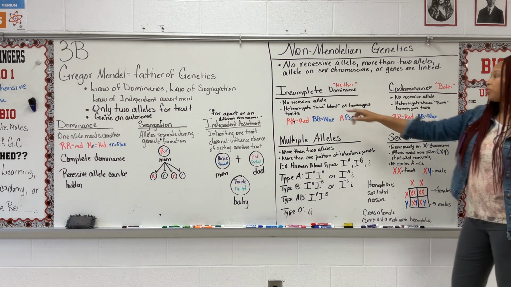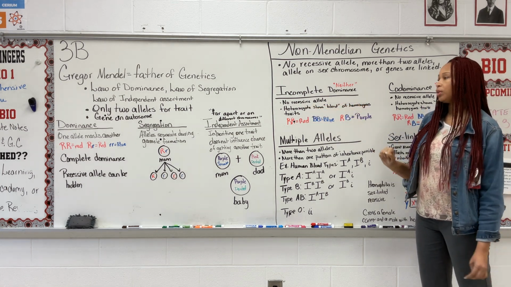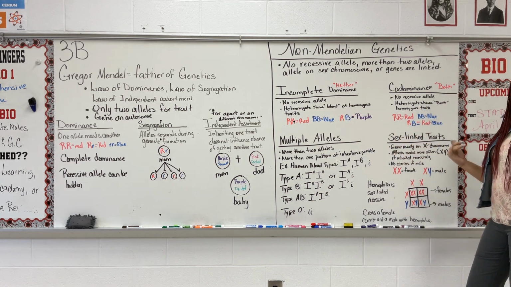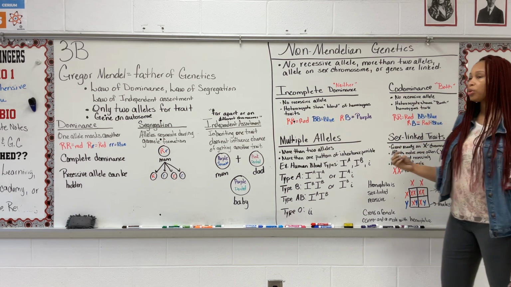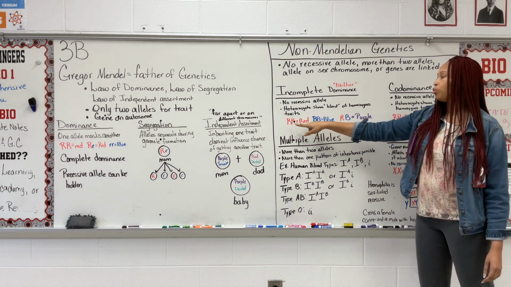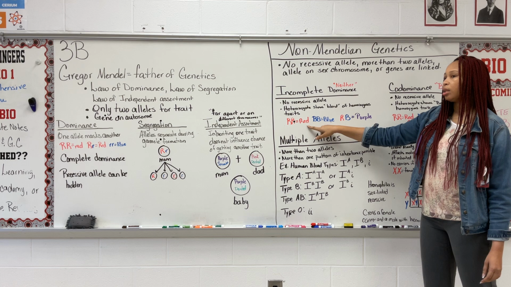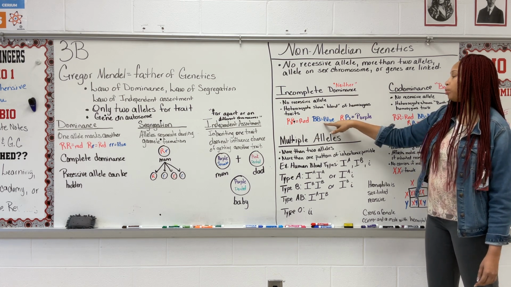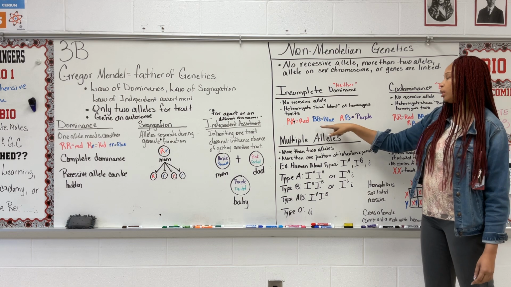So again, with the incomplete dominance, there is no recessive allele, and the heterozygote shows a blend or an intermediate of the homozygous traits. So we're still using red and blue. So I can be homozygous for red. I have two red alleles, so I'm going to be red. If there's two blue alleles, I'm going to be homozygous for blue, so I'm going to have two blue alleles.